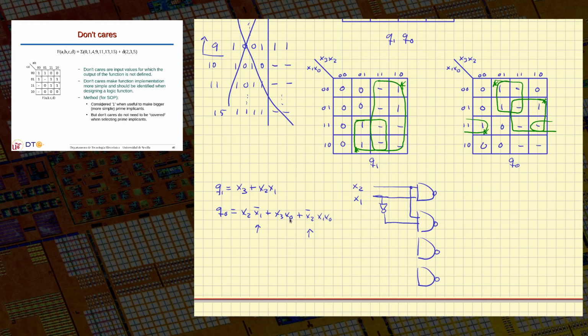The next one is x3 x0, the next one is x2 complemented, I'll take from here. It's going to be a bit messy, but anyway, x2 complemented, x1, I'll take x0 from here, and I'll take x1 from here.